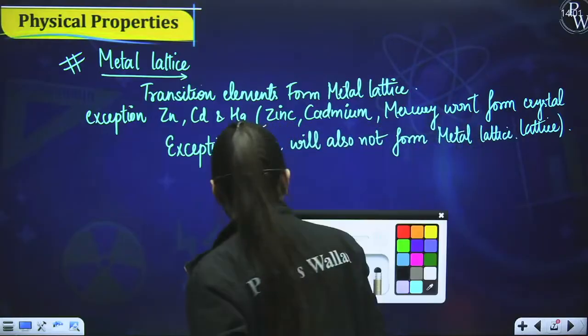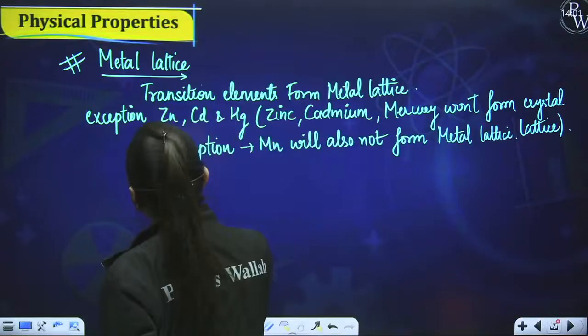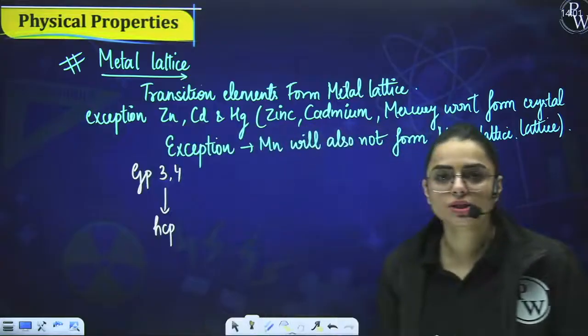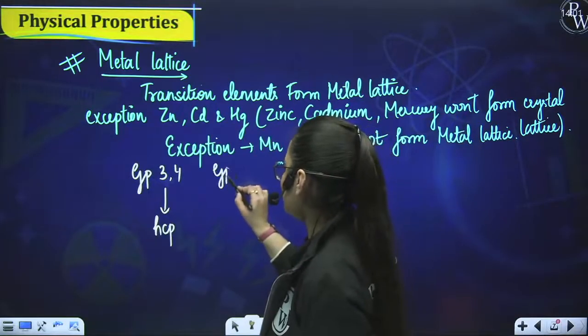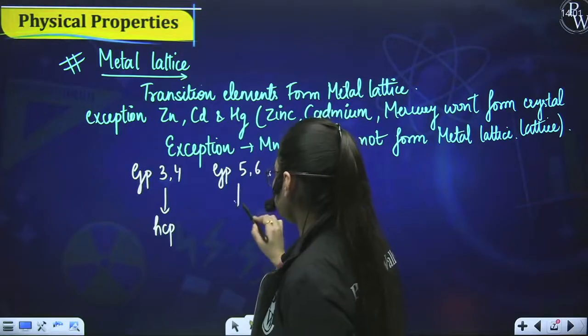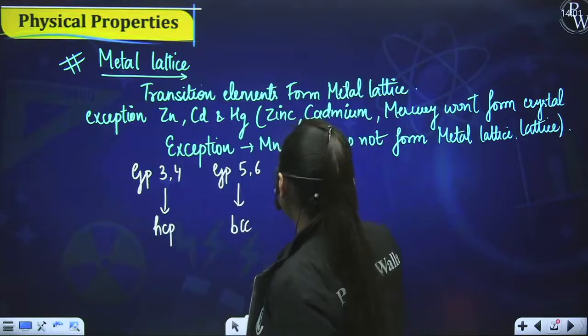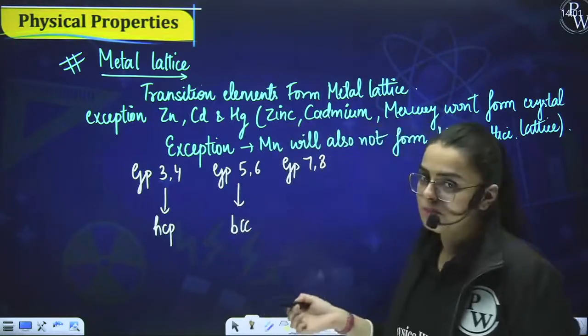Now students, other than this, we have different groups. For example, if I talk about group number 3rd and 4th. Group number 3rd and 4th forms HCP structure, that is hexagonal closed packing. Is it clear? Now comes group number 5 and group number 6. They form BCC structure. Also, if I talk about group number 7 and group number 8, they will form your HCP structure.